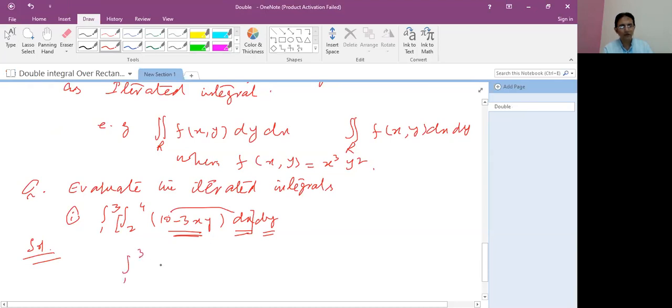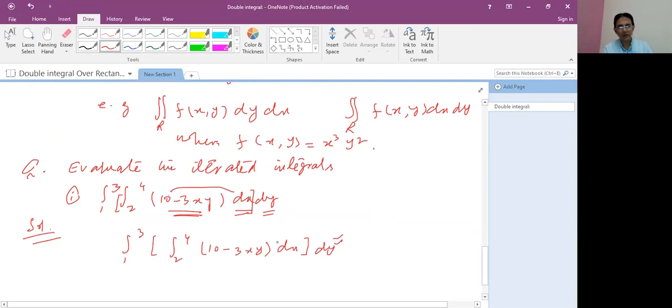We write 2 to 4, the limit of x, dx, keeping y fixed. That is the first step.